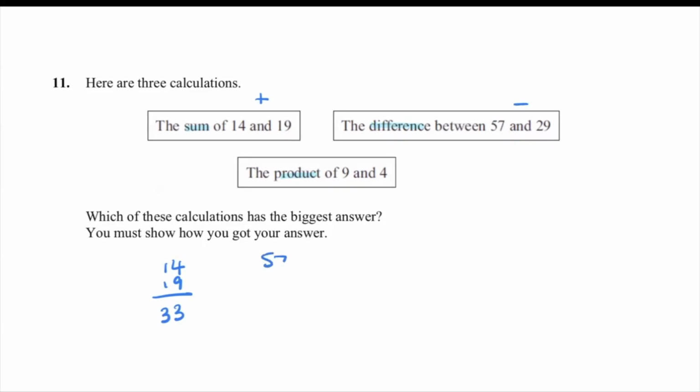So we've got 57 take away 29. Here we would have to take one, carry it across, and then that gives us 8, that gives us 2. So at the moment, our sum is giving us the greatest. Product means times, and 9 times 4 is equal to 36. Now that is the biggest, so that's the one that we will choose.